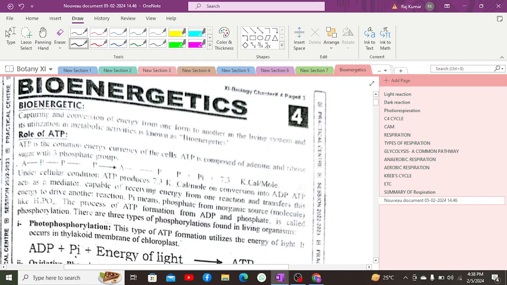Now here, inorganic Pi represents phosphate which is obtained from an inorganic source, like phosphoric acid.